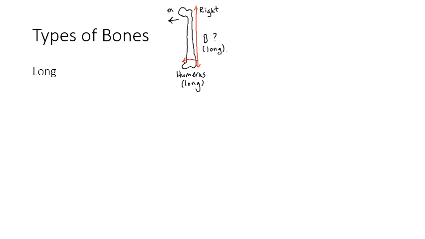So we have really 5 types of bones here. We're going to be interested in really 4 of them: our long bone, our short bone, a flat bone, and an irregular bone. We also have sesamoid bones as well. So I want you to be familiar with and be able to define at least the first 4: long, short, flat, irregular. So a few examples of these.